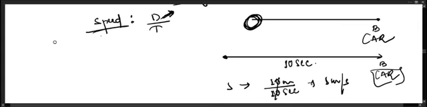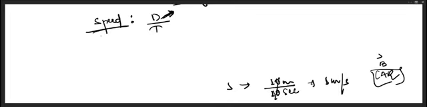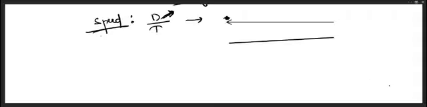Now we will talk about relative speed. In case of speed, we have seen that there was a starting point and we calculated distance and speed.